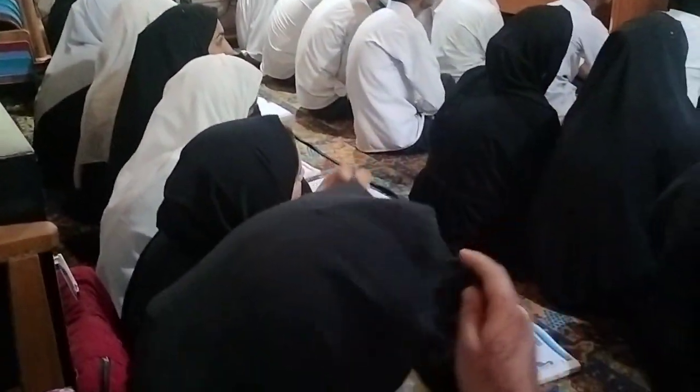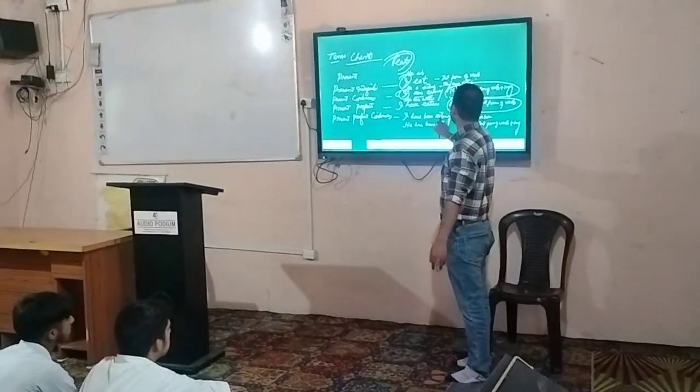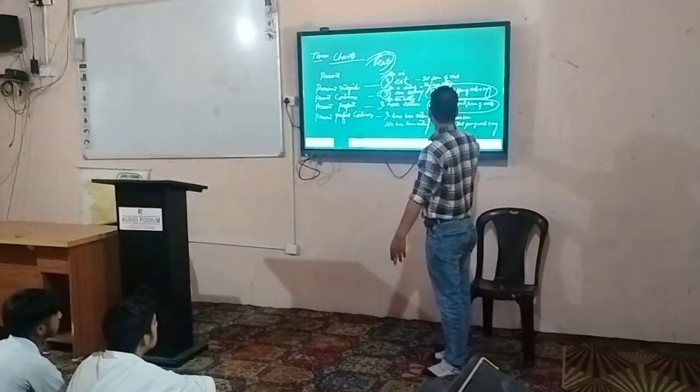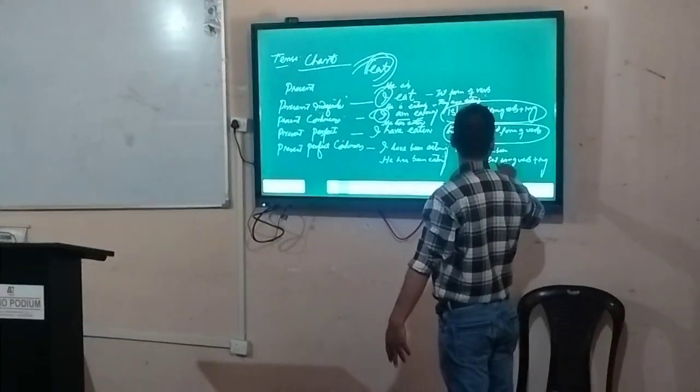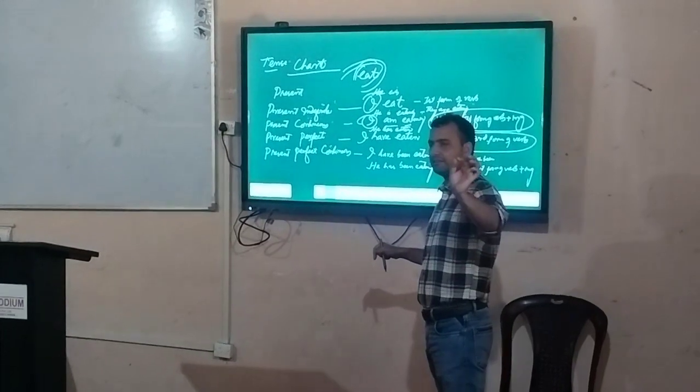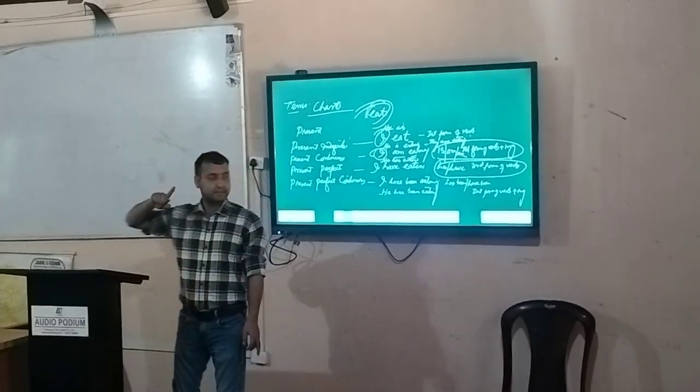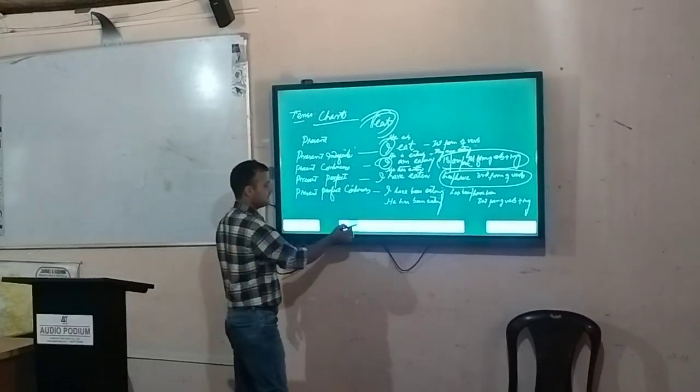Present perfect: I have eaten, has, have, third form of verb. Present perfect continuous: I have been eating, he has been eating. Has been, have been, first form of verb plus ing. This was all about present tense.